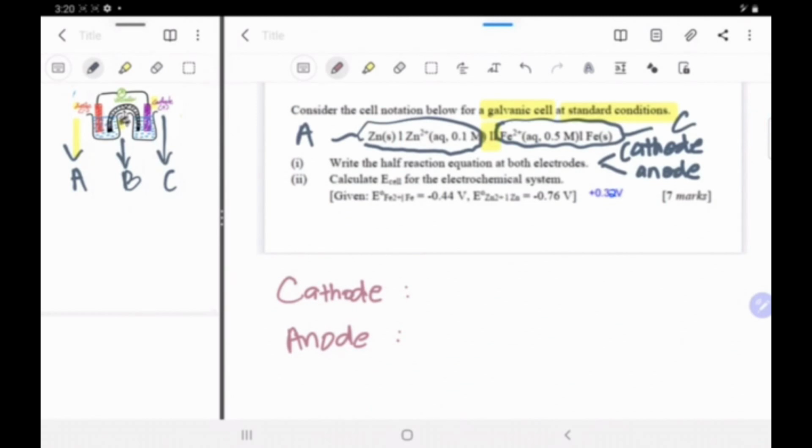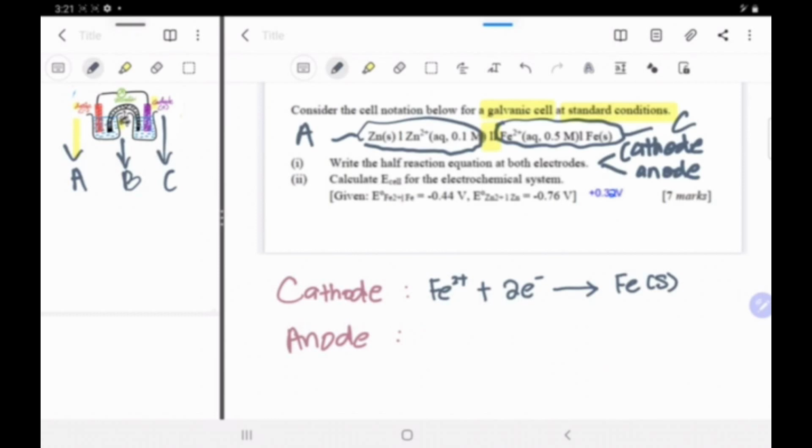Just remember red cat: the reaction happening at the cathode is reduction, which means the reaction is gaining electrons. So when you gain electrons, it's going to be like this: Fe2+ plus 2e- over here. That is the half reaction for the cathode.